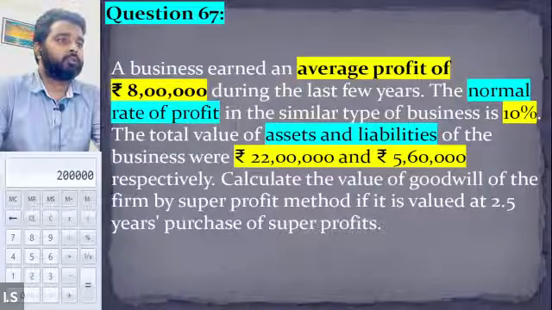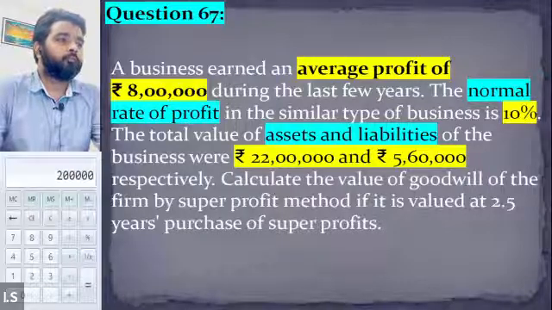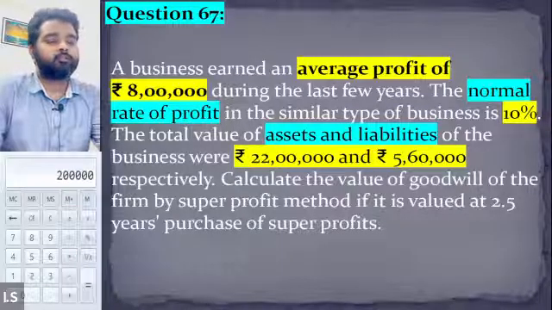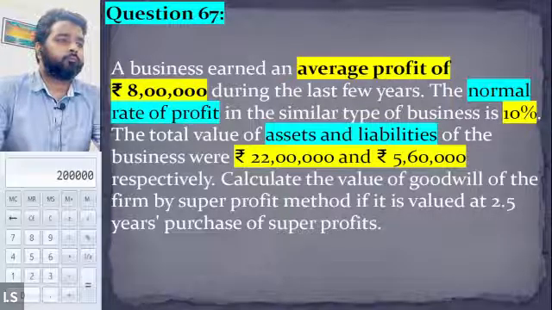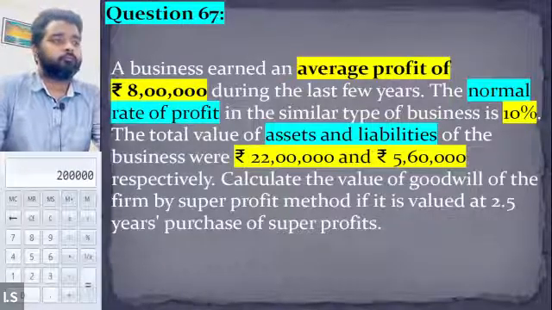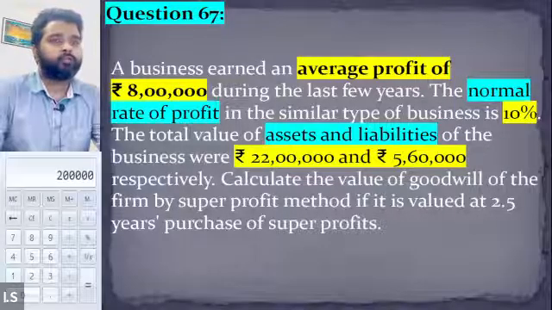Anyone else getting the same answer? 15,90,000 is, I guess, correct. Everyone getting the same answer? Evan, you got the answer? 15,90,000 is the correct answer.